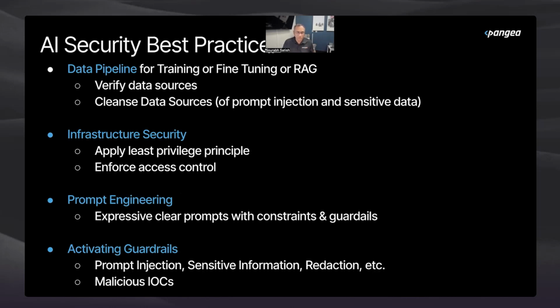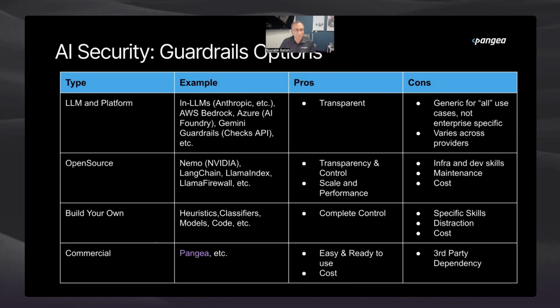So things like prompt injection guardrails, guardrails that can identify sensitive information, help you properly redact and manage the sensitive information, do things like malicious IOC checks, making sure that the input parameters of the tools or information being exposed back to the user is not malicious or a known malicious entity. So these are the kind of best practices from a security point of view that you need to take into account when building AI applications and agents.